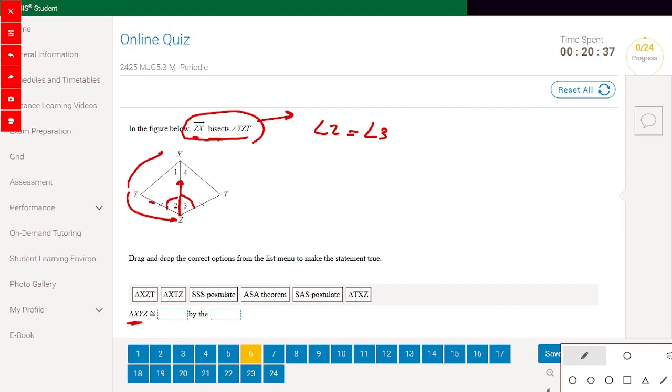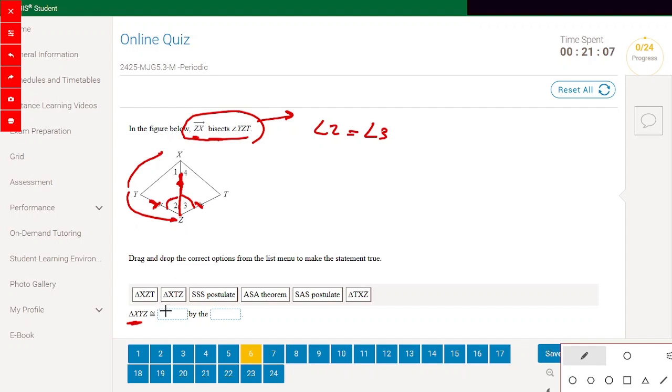Now I have this side YZ equal to ZT, and these two angles are equal. And this side in the middle between these two triangles is the same side, right? For example, triangle XYZ will be congruent with XTZ.